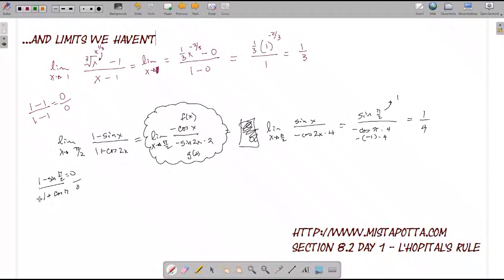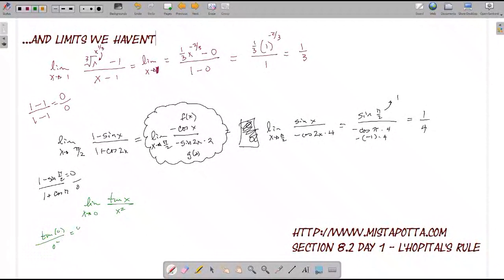I wanted to take a look at the limit as x approaches 0 of tangent of x over x squared. Now, I know that the tangent of 0 is 0, and I know that 0 squared is 0.